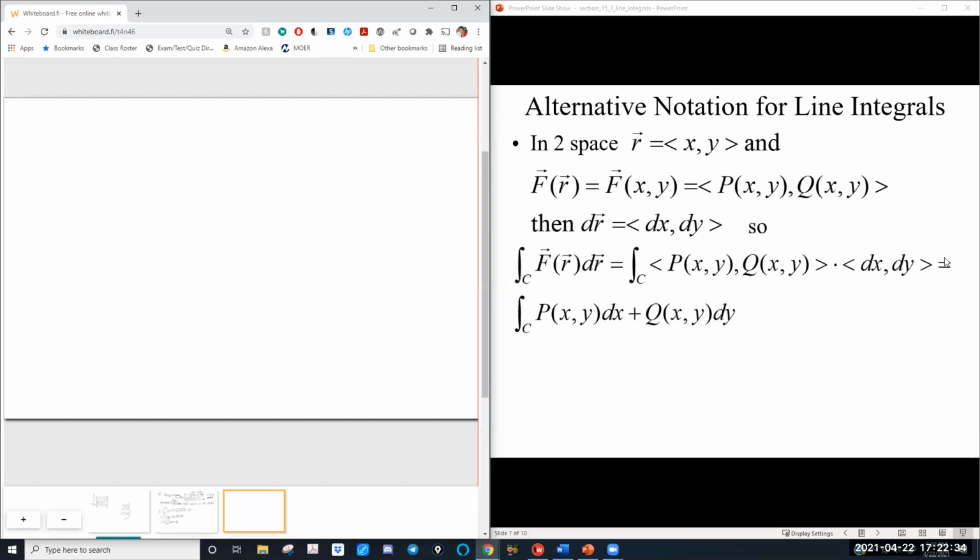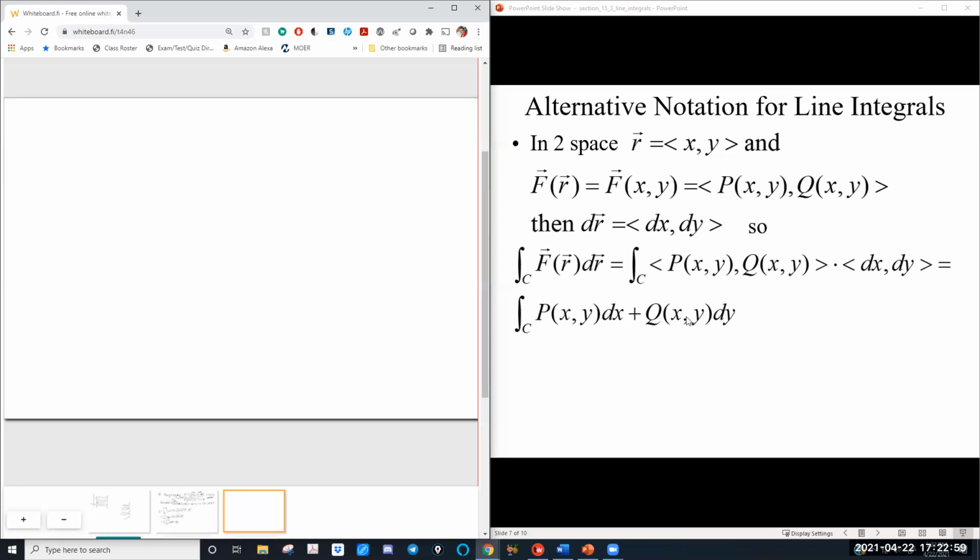Then doing the dot product gives us P of x y dx plus Q of x y dy. This is that differential form that was in the last video in the lesson. You don't need it to be able to do it. And there are issues that you can run into, especially if you're not parameterized, because if P of x y is in terms of both x and y, we can't integrate with respect to x.